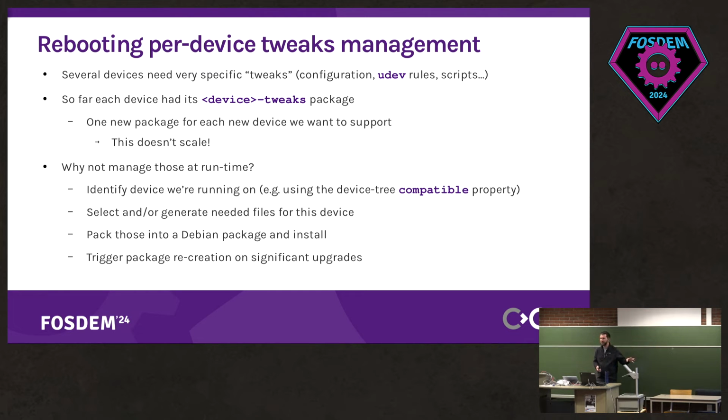So the idea here is to have a runtime service which will identify the device it runs on using the device tree compatible property, for example, or the ACPI, DMI vendor, manufacturer, and so on, strings on x86, select or generate the needed config files, put them into a runtime generated Debian package, and install it on the device, with the ability to place triggers on that so that when one specific config file is modified by another package, this tweaks package is regenerated, rebuilt, and updated as well.